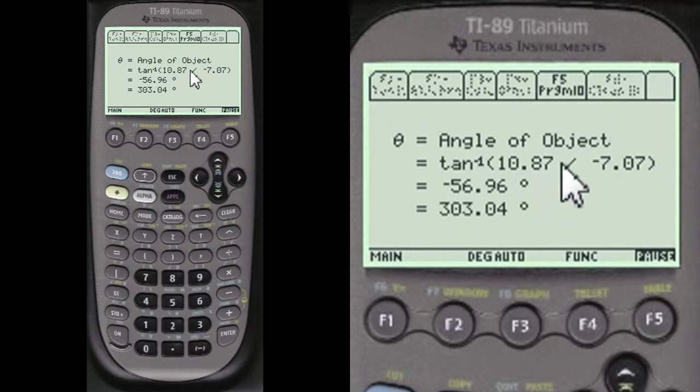And the answer of 10.87 meters per second, which we just found, is the hypotenuse, with the x value on the bottom and the y value, which was minus 7.07, going up. Then of course you use the Pythagorean theorem, a squared plus b squared equals c squared. That's how they come up with the hypotenuse, which is the actual velocity.